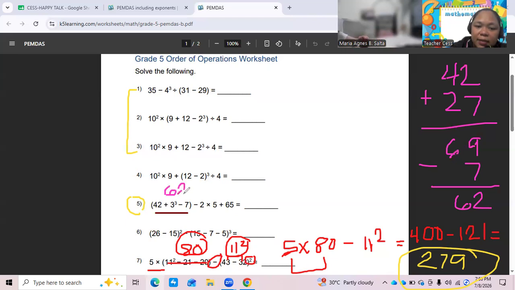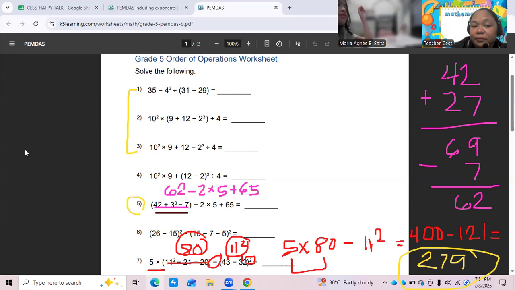Next, we have minus 2 times 5 plus 65. What operation are you going to do next? You have to do 5 times 2. Why?